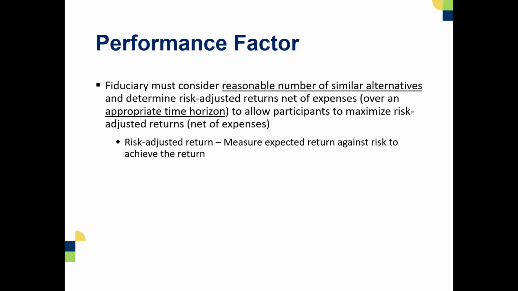So this concept of risk-adjusted returns, in simplified terms, is we're going to look at the expected return of an investment and we're going to measure that against the risk that investors need to take in order to achieve that return. And so the proposed rule talks a lot about maximizing risk-adjusted return net of expenses.